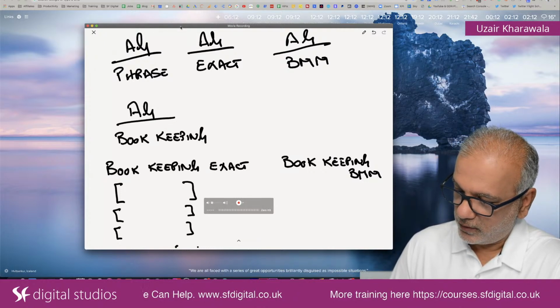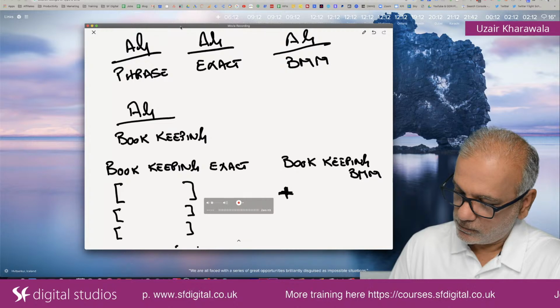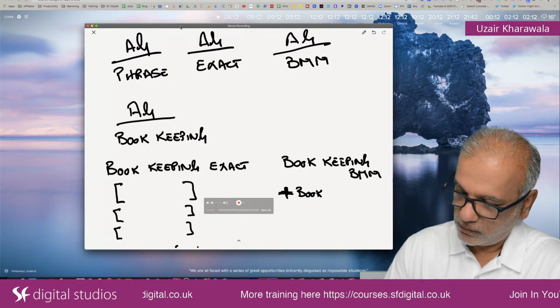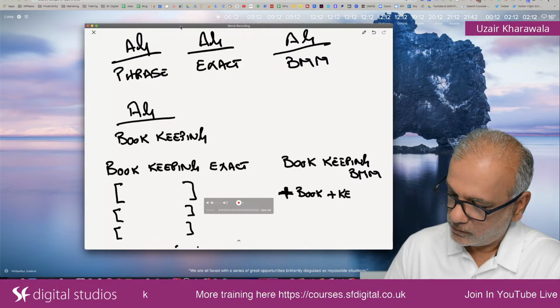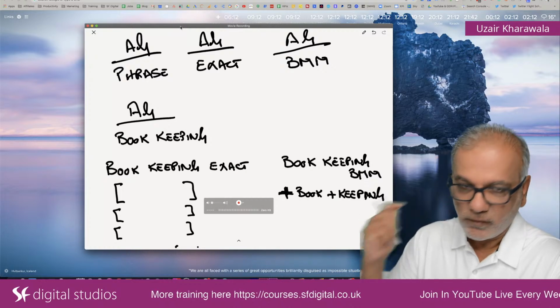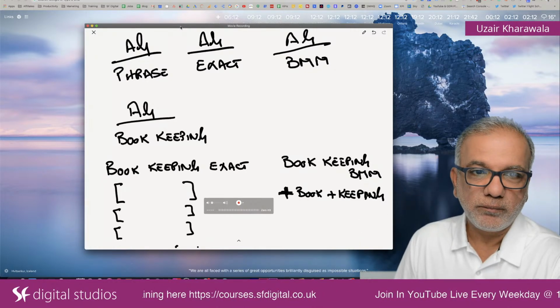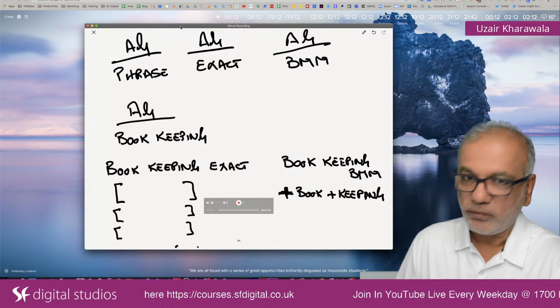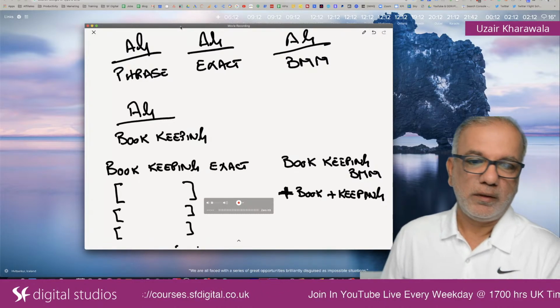This will only have one keyword, plus book plus keeping, and that's it. And this is how we structure our ad groups in our campaigns.